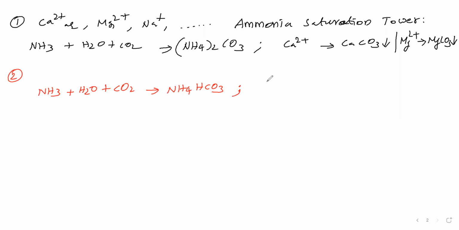The first tower filtrate contains alkali metal ions, sodium ions. These sodium ions combine with ammonium bicarbonate and become sodium bicarbonate; the ammonium ion goes to solution.